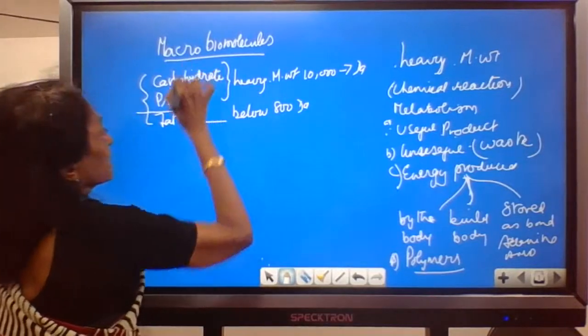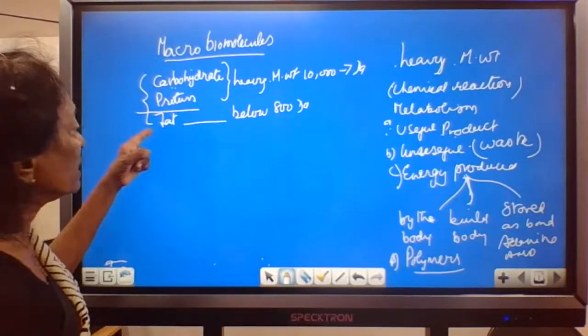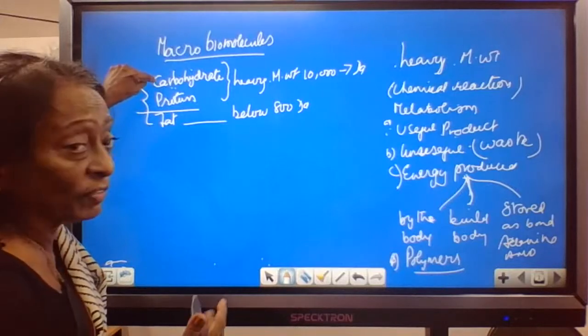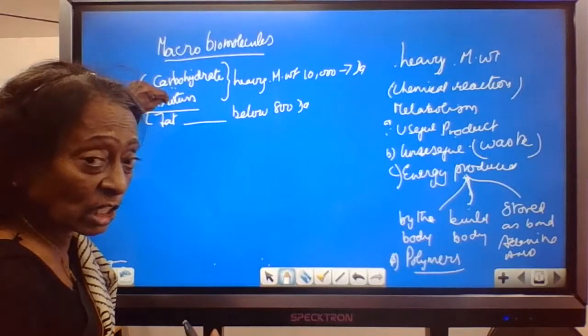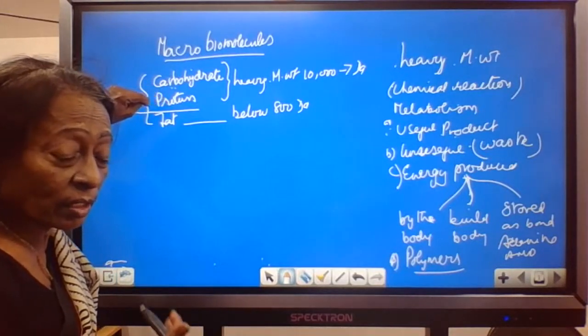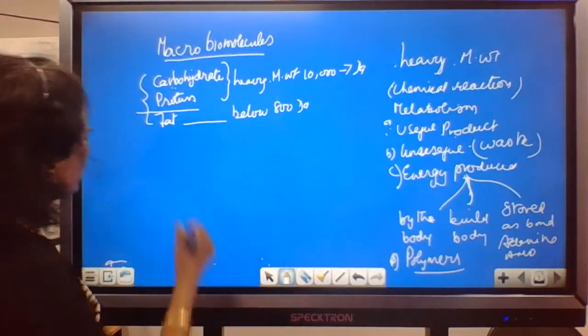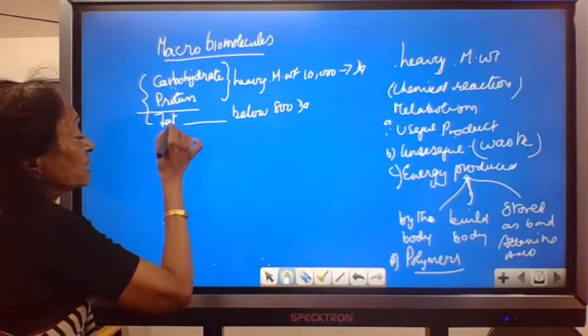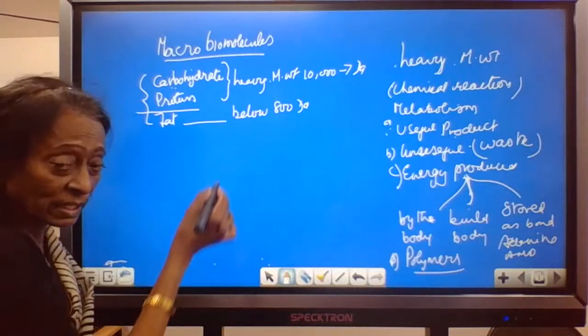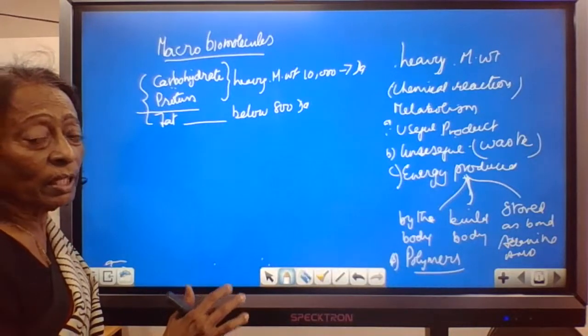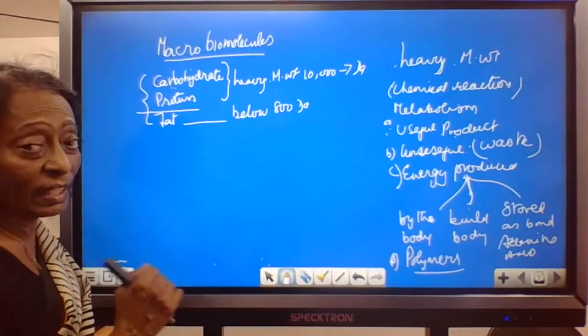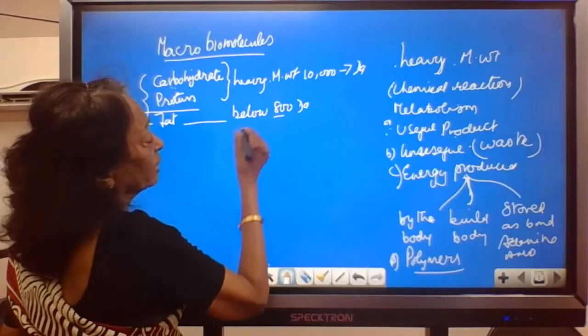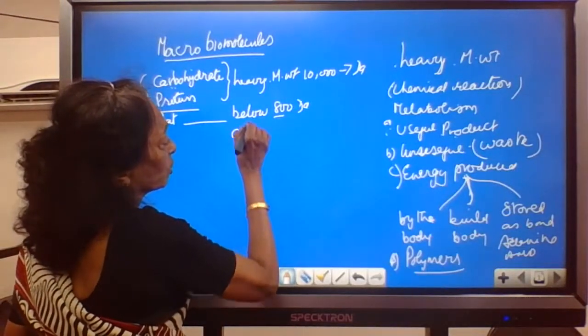Yet it is considered along with them because it is acid insoluble. Though the molecular weight is less, it is acid insoluble. It cannot be filtered. Though it is a smaller one, it is also acid insoluble.